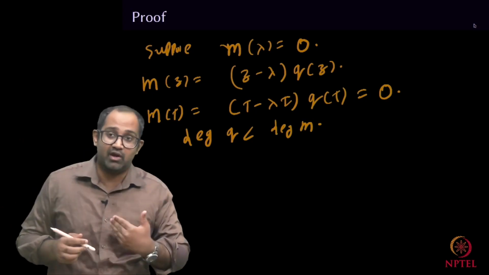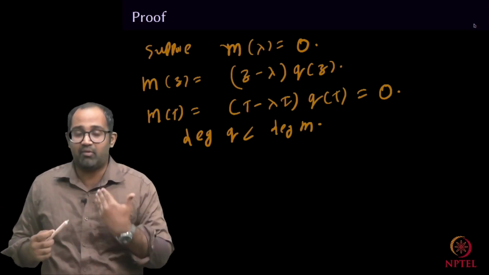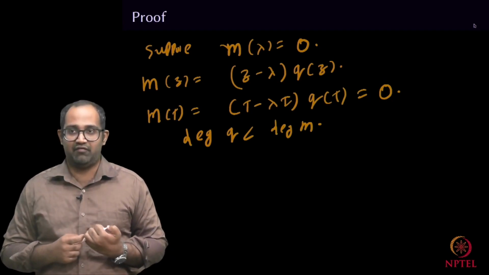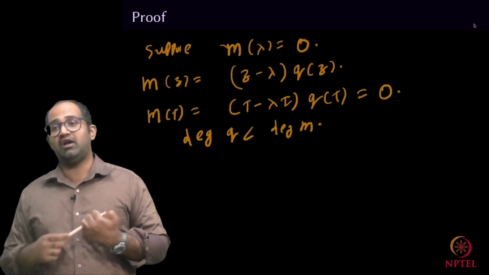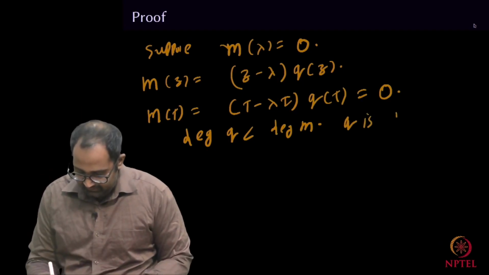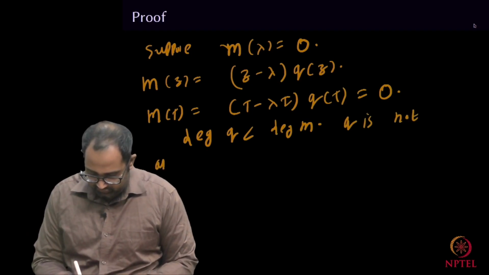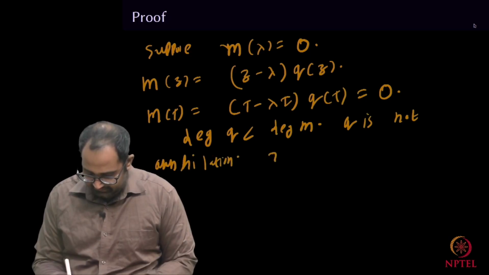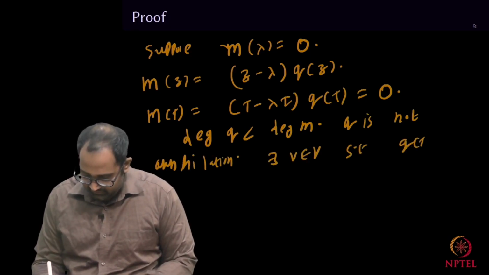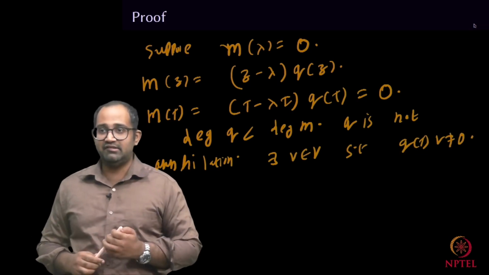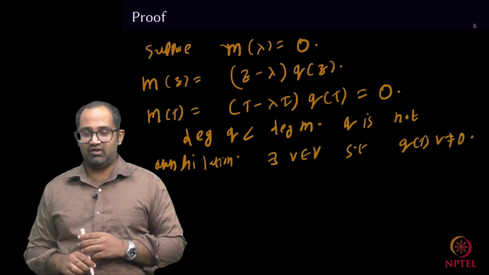So any polynomial of even lower degree cannot possibly annihilate T. So q is not annihilating, which means there exists v in V such that q(T)v is not 0.